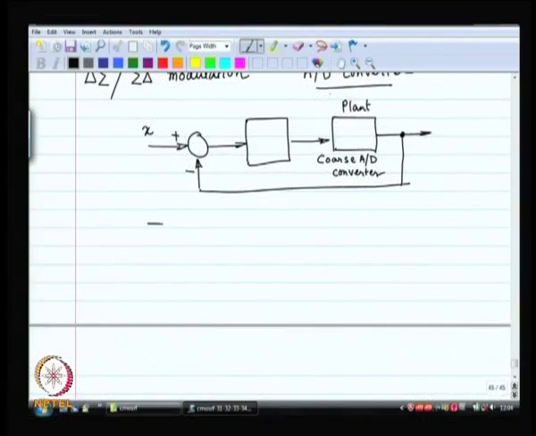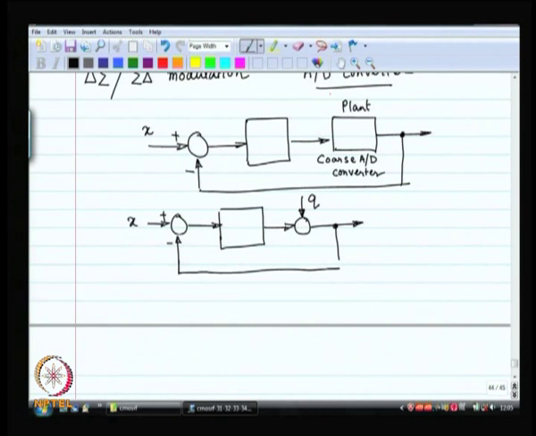This is just a model. So, this is how I am going to model the plant. The plant is something which introduces quantization noise.